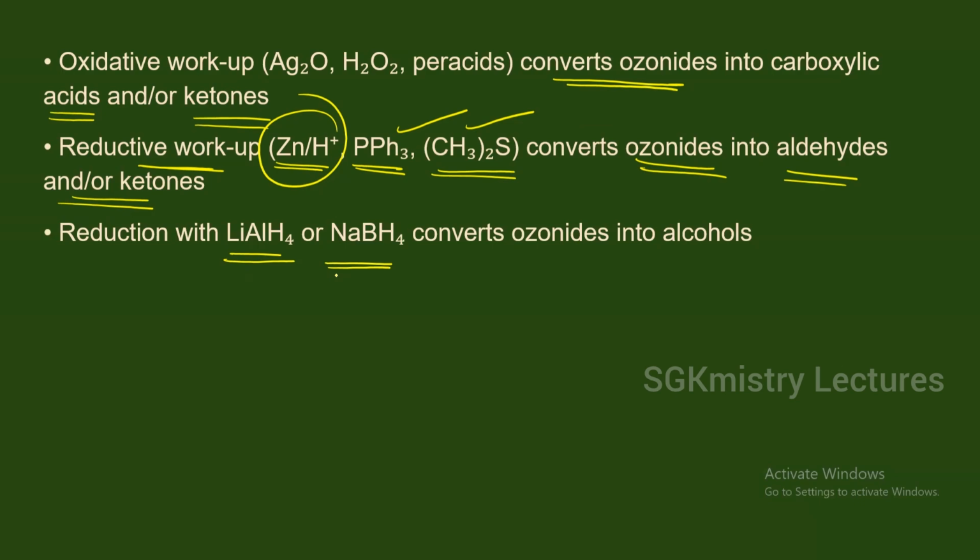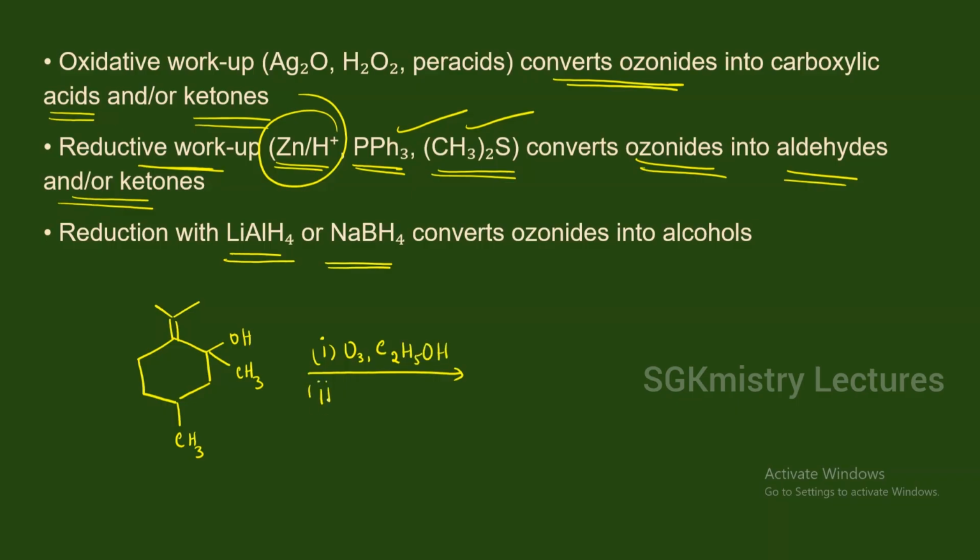Now let us take one more example here. In the exocyclic double bond, let me take two methyl groups. Here there is a CH3 group, and let me take one more CH3 group. Suppose you are subjecting this to ozonolysis. Again, ozone, you are treating it in the presence of ethanol solvent.